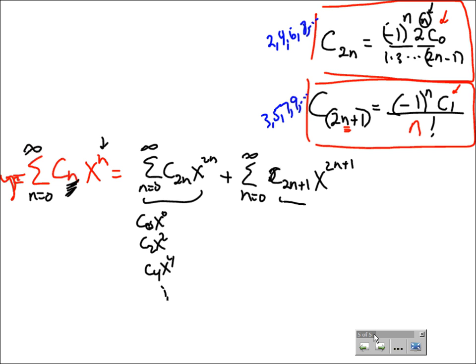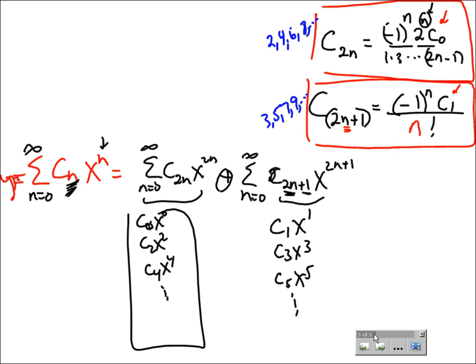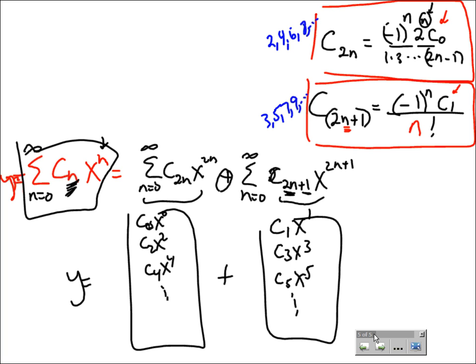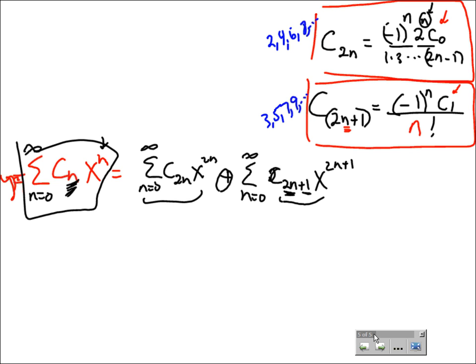So that would give us 2 times 0 is 0 plus 1, giving C1 x to the 1, and then n is 1. 2 times 1 is 2 plus 1 more is 3, and then it'll give you C5 x to the 5, etc. And when you add this to this, you actually get y. Okay, so that's just the logic behind it. Now, let's actually do this.